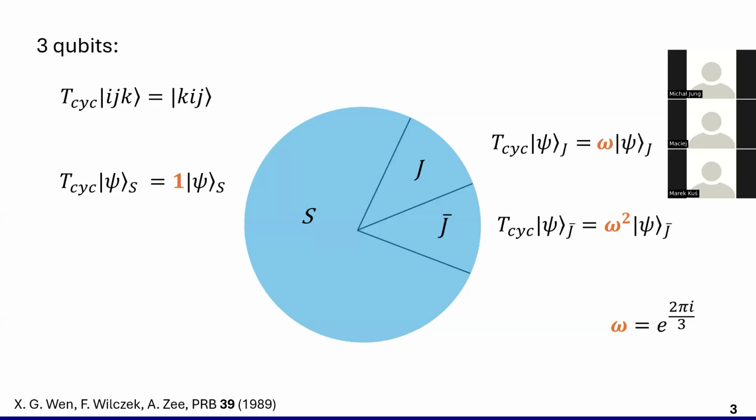So we can have either the eigenvalue omega or the eigenvalue omega squared, which is the same as the complex conjugate of omega. Since these states also occurred in the paper of Wen, Wilczek, and Zee, following their notation, we call these states chiral symmetric.